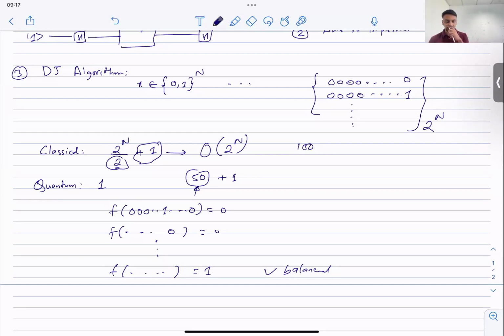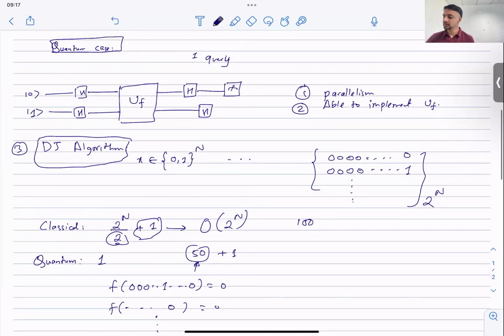And that was the big punchline of this algorithm. It uses the same principle as the first case, but just generalizes it to n qubits. And this is where we saw the strength of quantum algorithms.